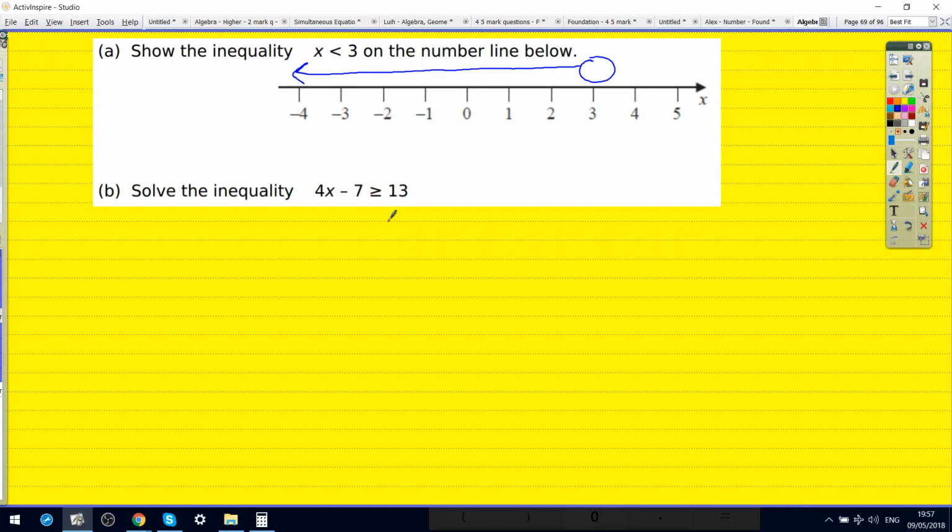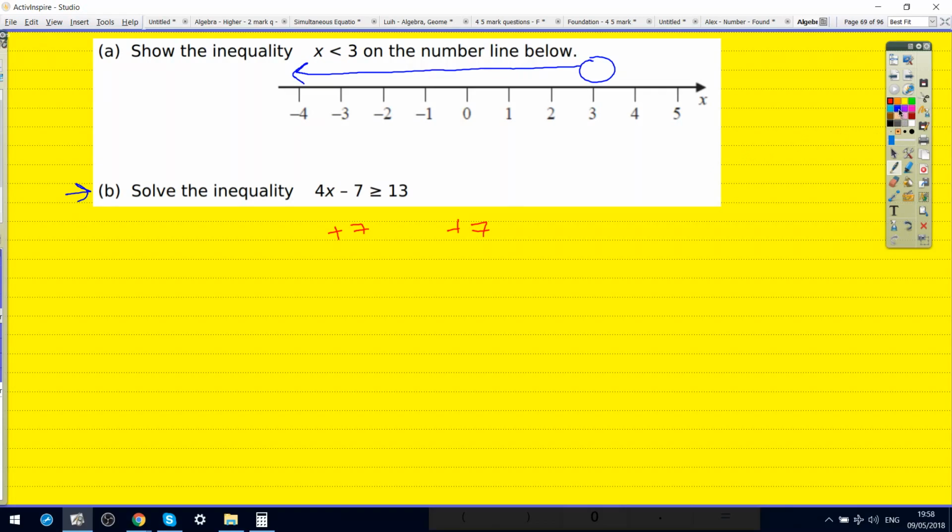Any idea how you solve this inequality? Solve for B or for A? For B, yeah. That would be greater. Is it greater than or equal to? Mm-hmm. So plus 7 to both of those. Correct.